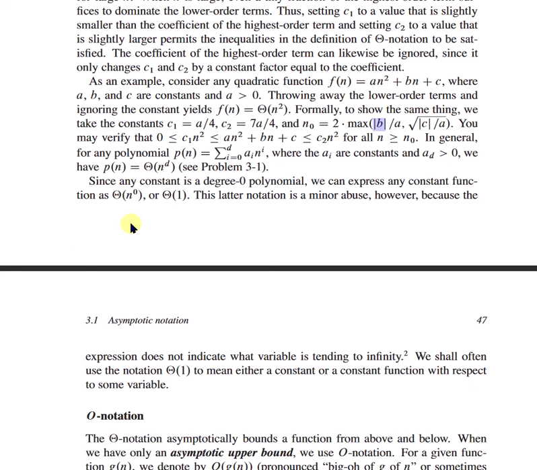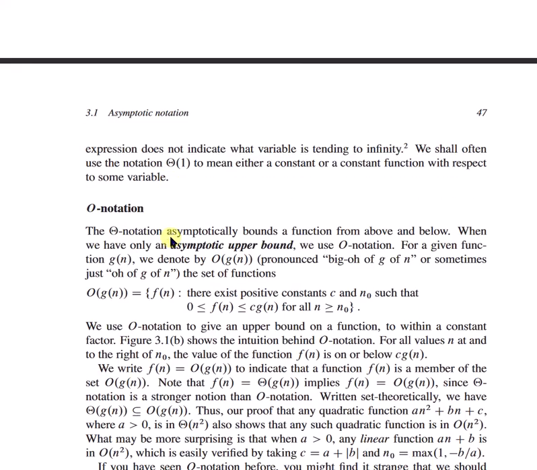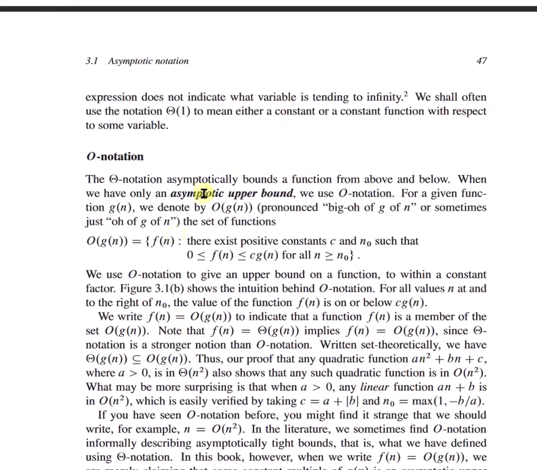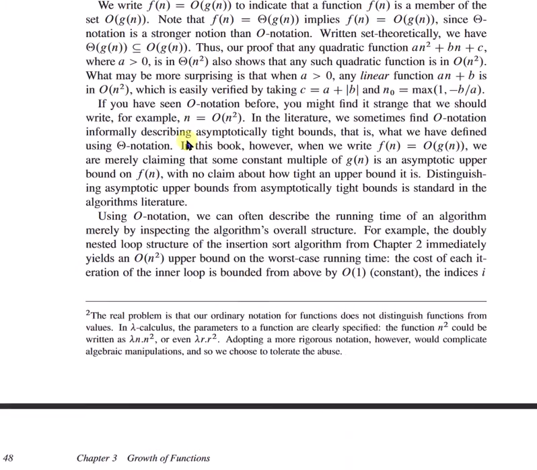Since any constant is a degree 0 polynomial, we can express any constant function as theta of n to the power 0 or theta of 1. This latter notation is a minor abuse, however, because the expression does not indicate what variable is tending to infinity. We shall often use the notation theta of 1 to mean either a constant or a constant function with respect to some variable.